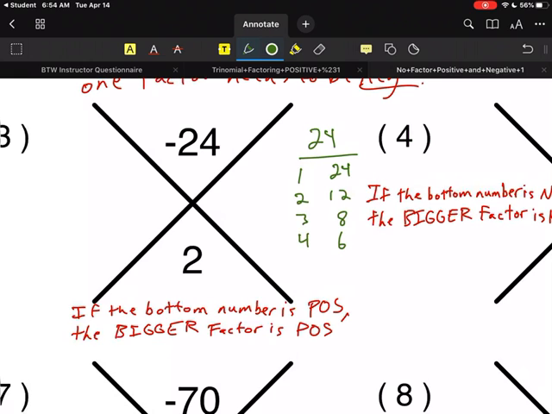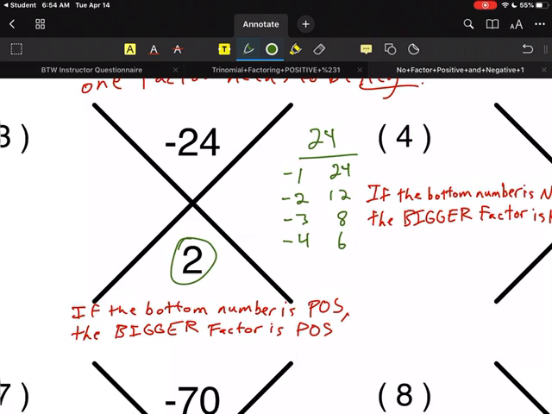Since the 24 is negative, one of our columns needs to be negative, and for that, we look at the bottom number. If the bottom number is positive, then the bigger number is positive, which means my smaller numbers need to have a negative sign on them.